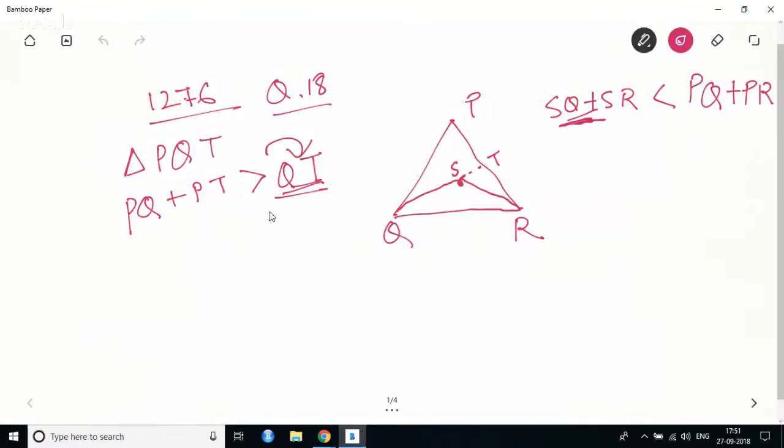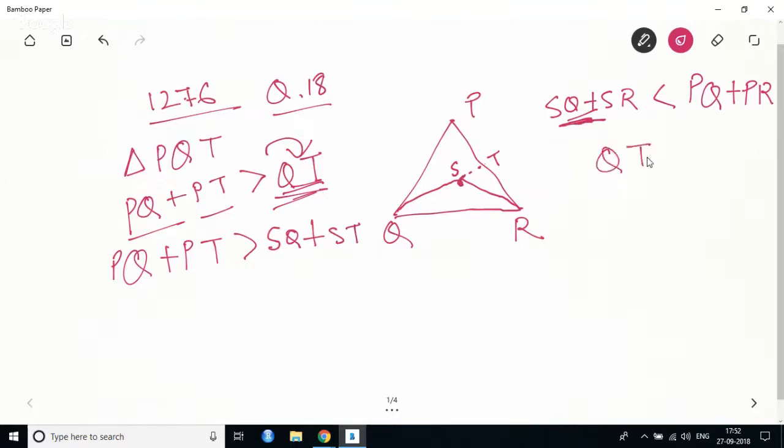Okay, so look at here, I will write PQ plus PT is greater than SQ plus ST because QT is equal to SQ plus ST.